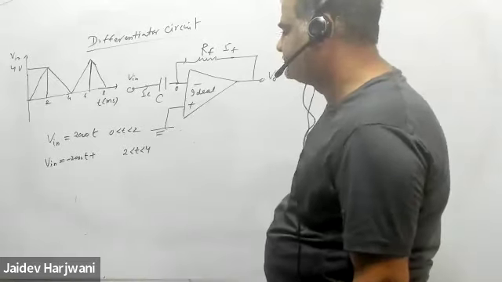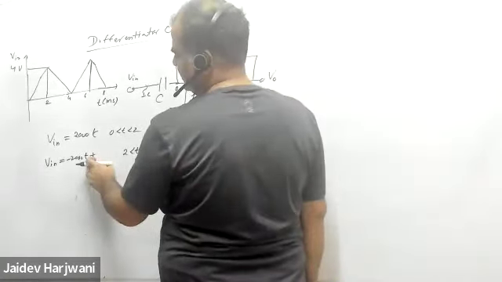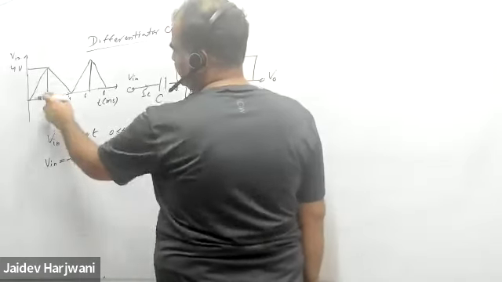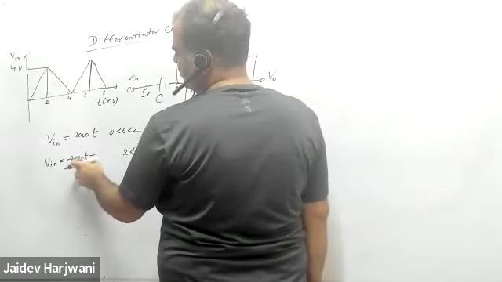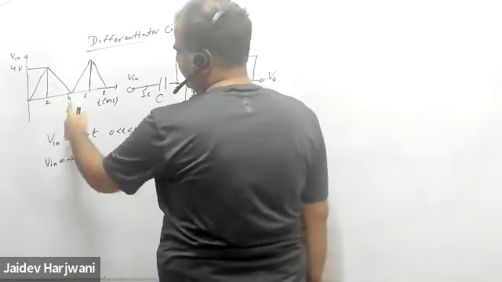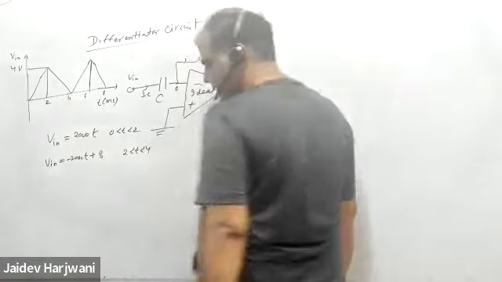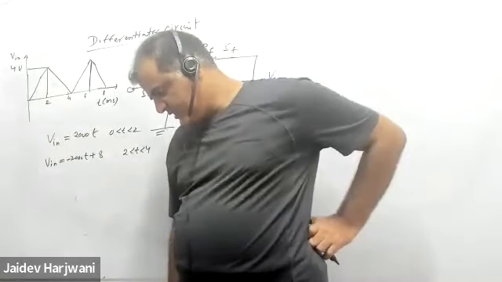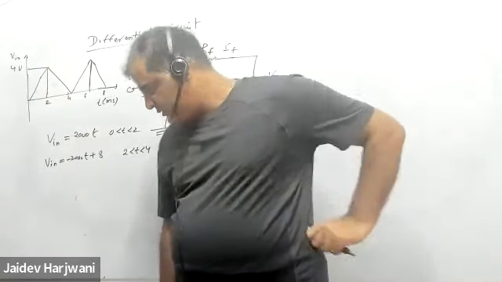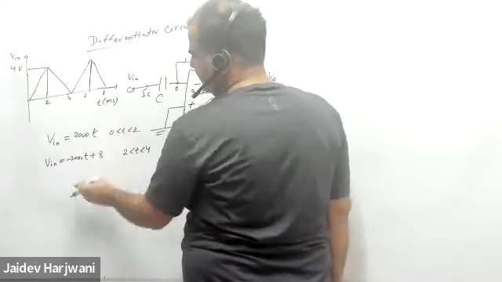At 2 milliseconds it should be 4 volts, and at 4 milliseconds it should be 0. So can I put 8 here? Is this correct or not? It is 8000 with milliseconds, so only 8.